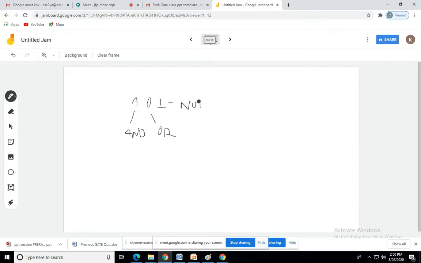So basically the maximum combination of circuits consists of AND, OR or NOT gates. AND, OR and NOT gates can be achieved by NAND gate and NOR gate.